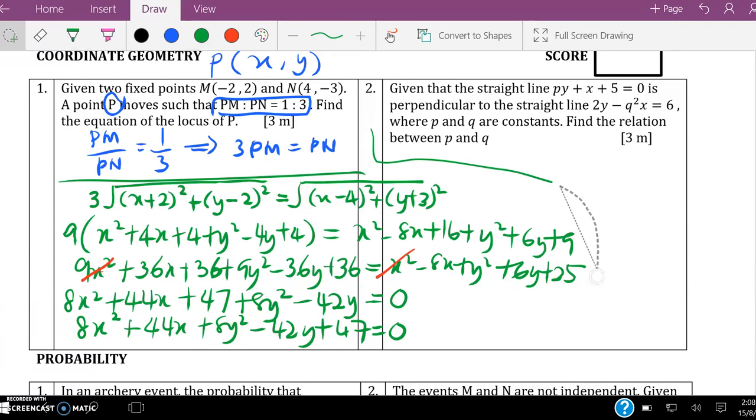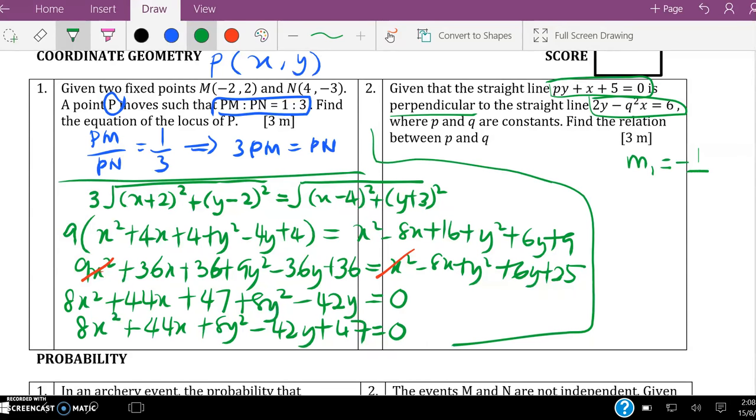Now looking at the next question. I've taken so much page here. Whatever it is here, there are two equations that are perpendicular to each other. So M1 is actually negative 1 over P. M2 is actually Q squared over 2.